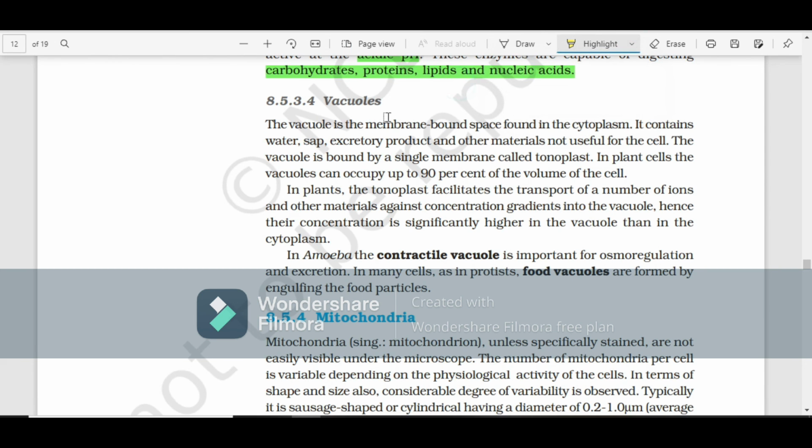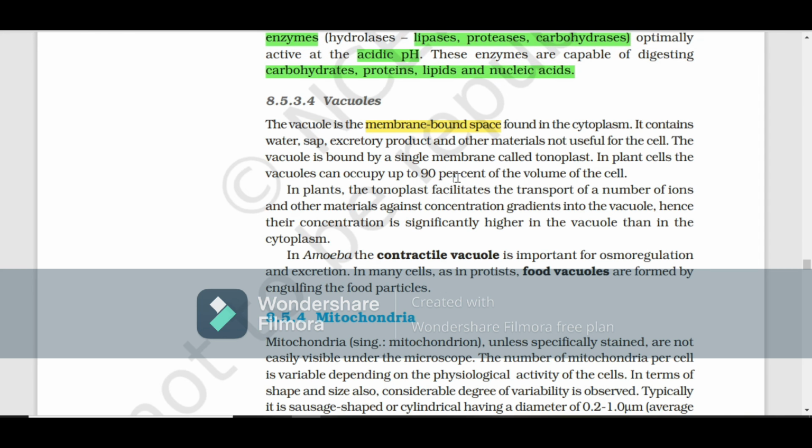The vacuole is a membrane-bound space. So up to now, we didn't come across an organelle in the endomembranous system that is not membranous. It is found in the cytoplasm. It contains water, sap, excretory products, and other materials which are not useful for the cell.